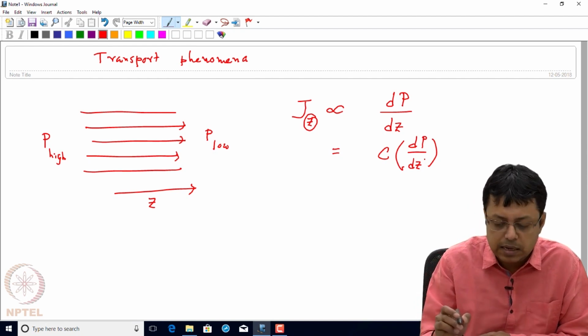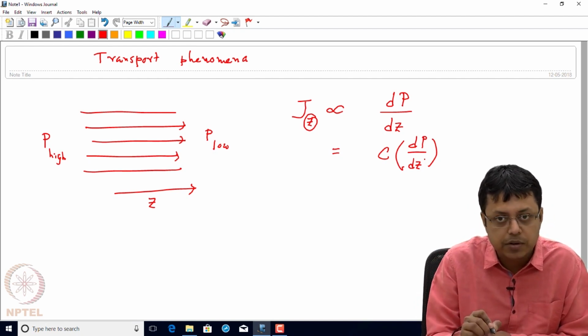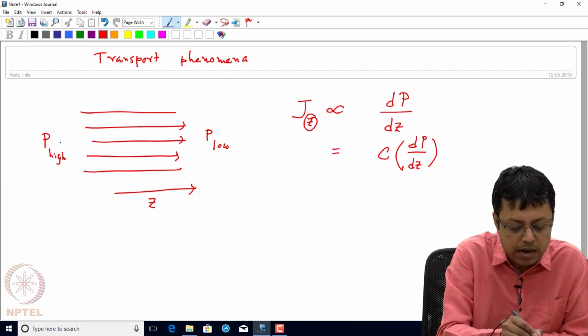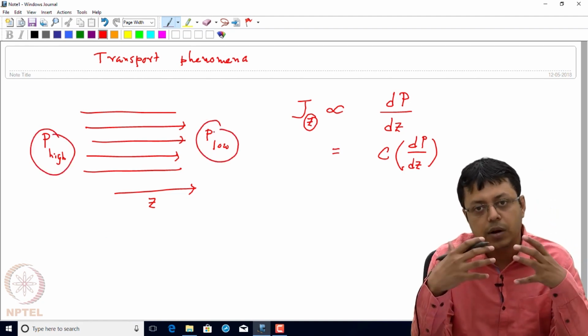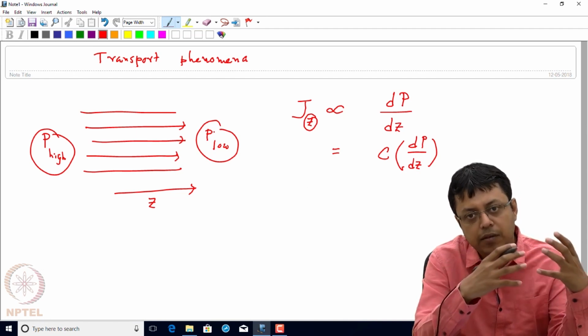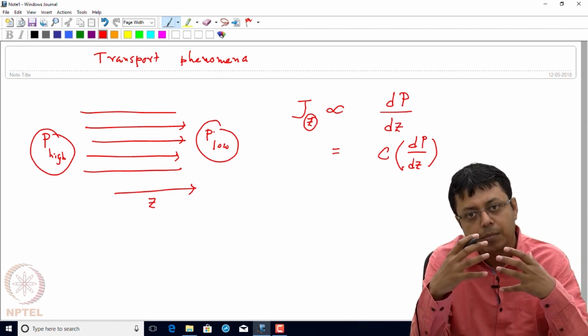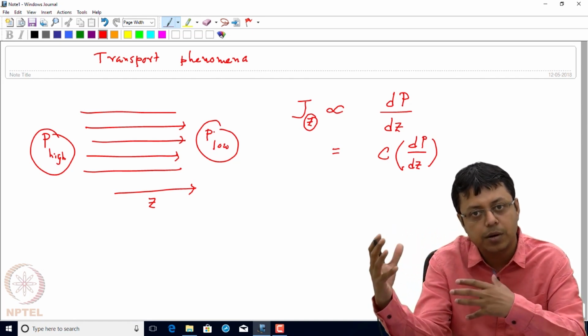Now as you can see in this equation, the pressure gradient in the positive z direction is negative, because pressure is higher here and pressure is lower here. So usually whichever quantity you are talking about, either mass or heat, flows from high temperature or high concentration to low concentration or low temperature.